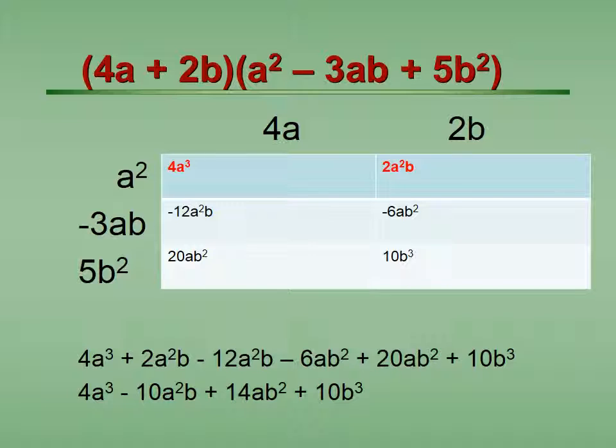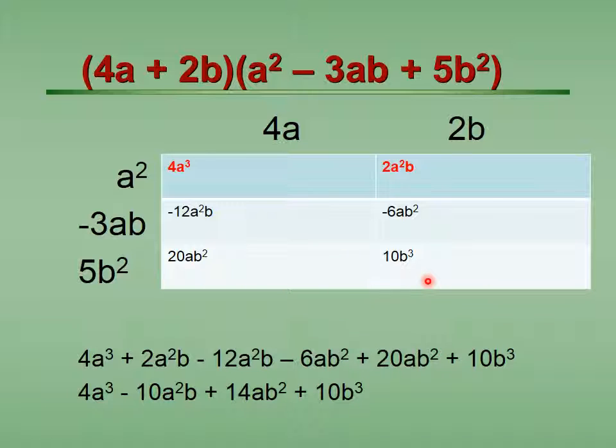Okay, so this one is a little bit more complicated because you have a binomial times a trinomial. And this is why I like to use the box method, because then I can just extend my grid or my table to have 3 terms, just like in Punnett squares in biology. So I have 4a plus 2b on top, and I have a squared minus 3ab plus 5b squared along the side.